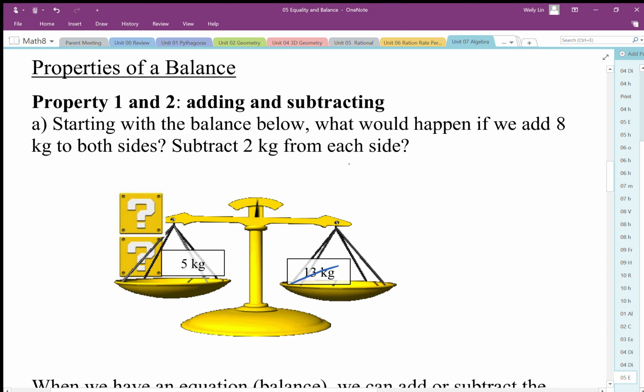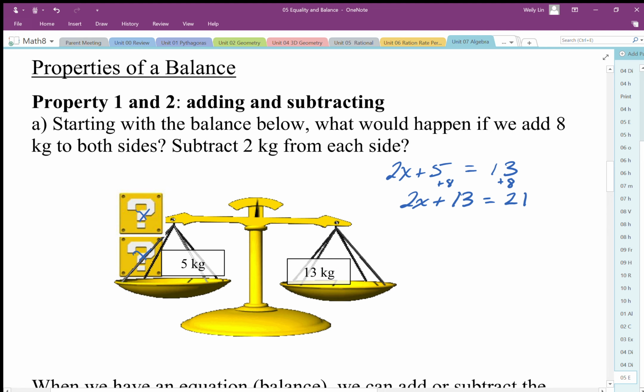I'm going to say that these boxes are x plus 5, and that's balancing 13. If I add 8 kilograms to this side, I'm going to get 13 here. Well, that's not balanced yet, but if I add 8 kilograms to the other side too, so I do plus 8 plus 8, and notice I'm doing all my math vertically, this new balance is balanced.